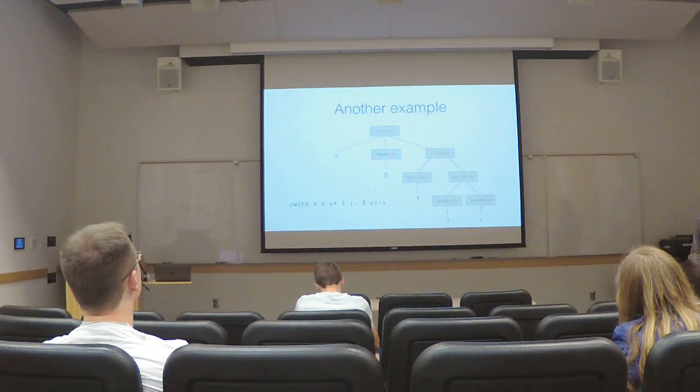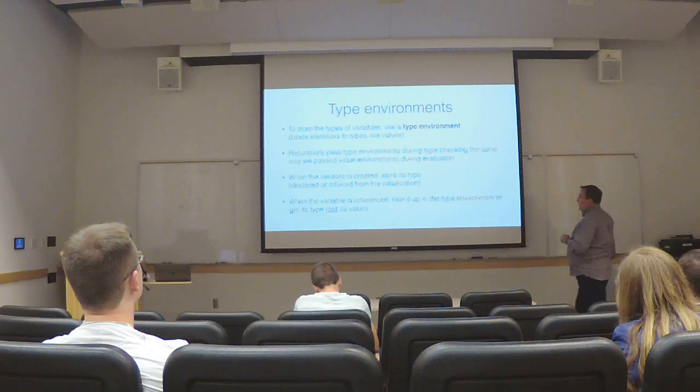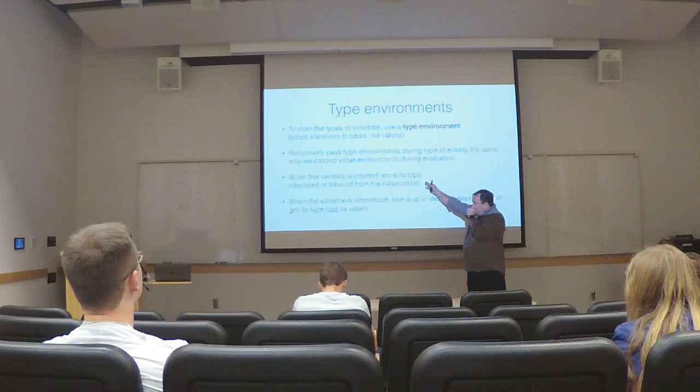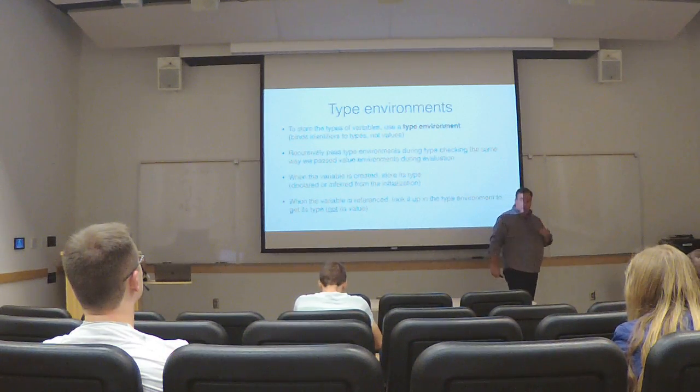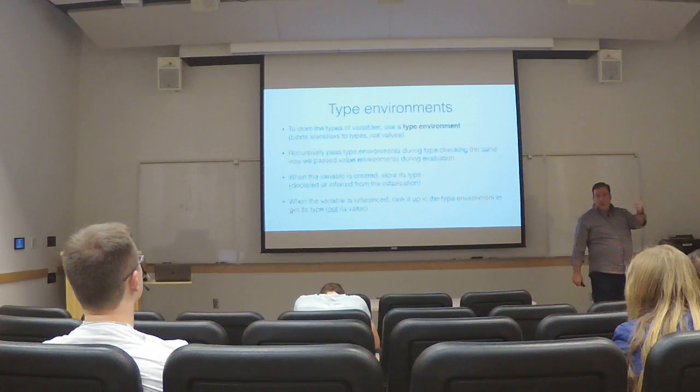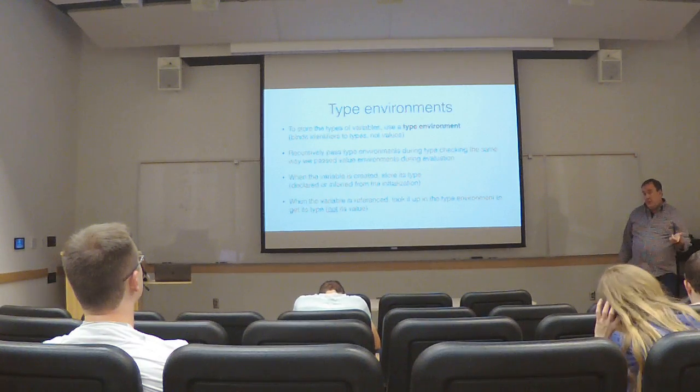So the structure of the code is going to look just like calc. We'll pass an expression and a type environment in, as opposed to a value storing kind of environment. When the variable's created or defined, so this could be with a with or as formal parameters to a function.